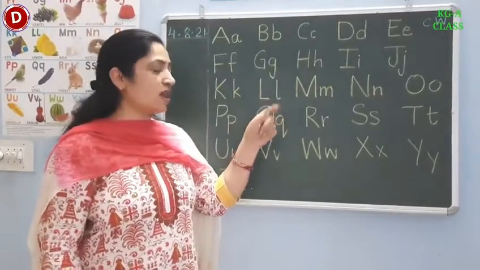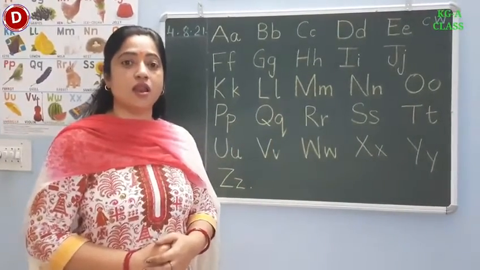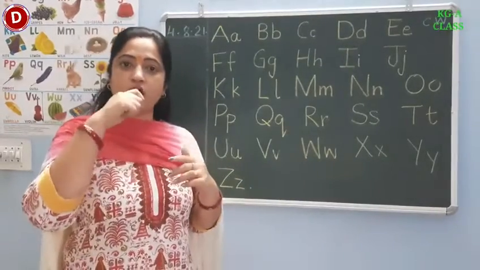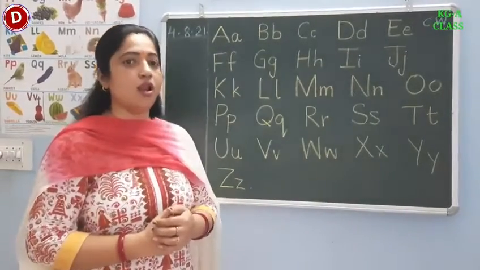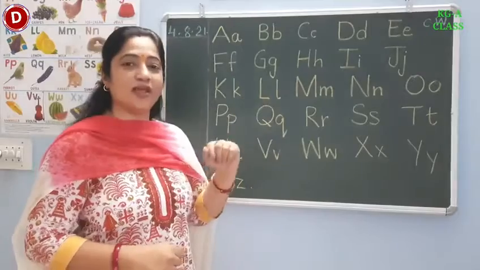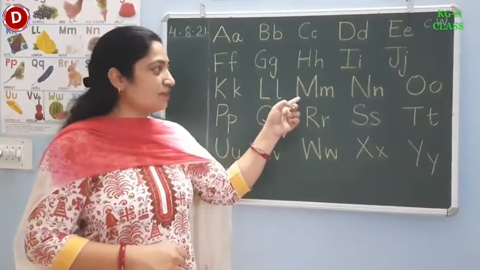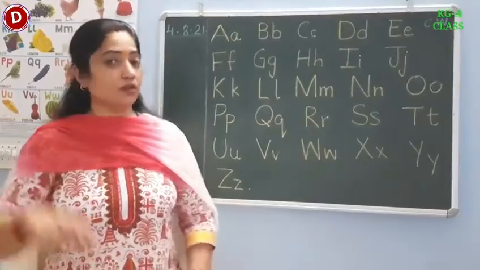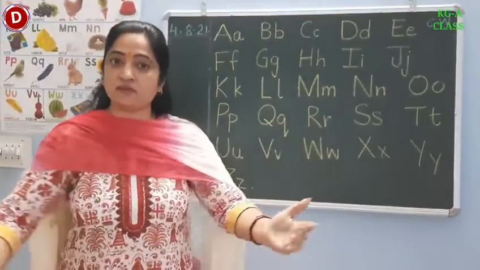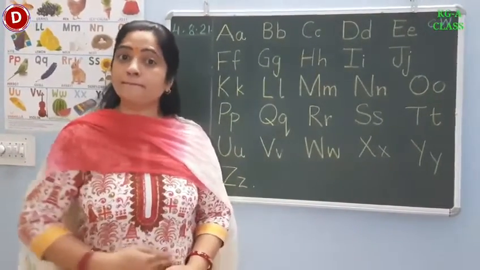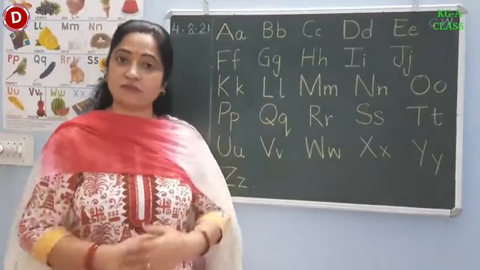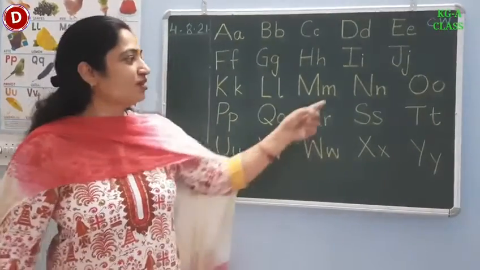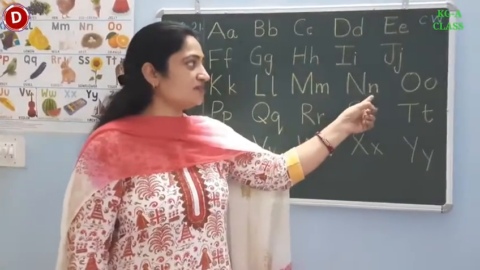Capital L, small l. L says l. We lick a lollipop. L says l. Children, capital M, small m. So M says m. The mom and the dad make many meals for their hungry children. Children, this is capital N and this is small n.